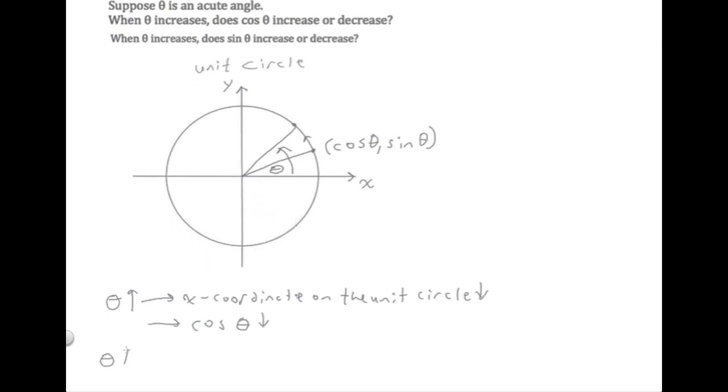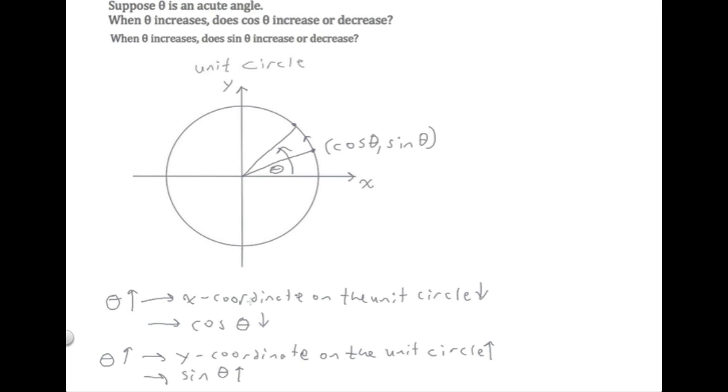So if we increase theta, that would give us a y-coordinate on the unit circle that is bigger than the one we had before. From here to here is a bigger y-coordinate. And doesn't that mean that the sine of theta, therefore, would get bigger?